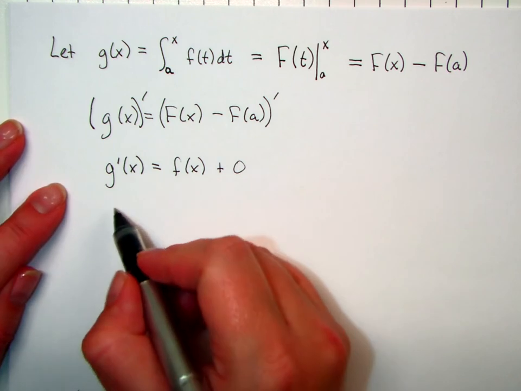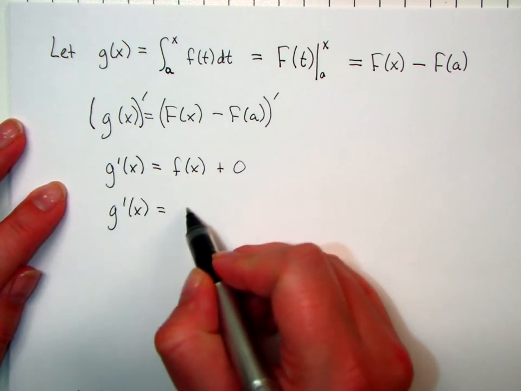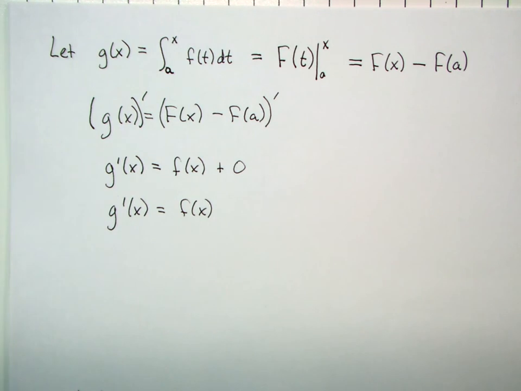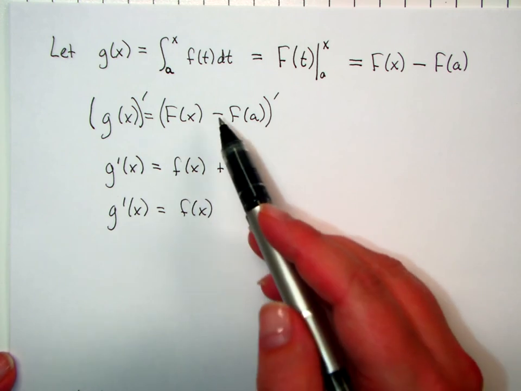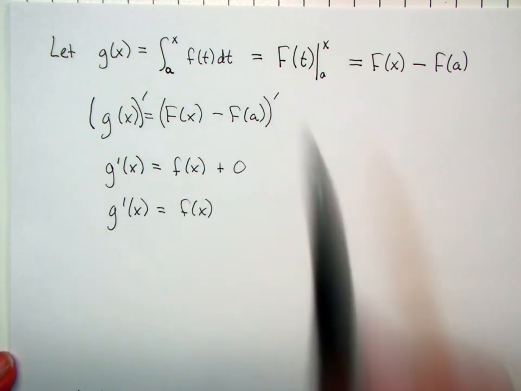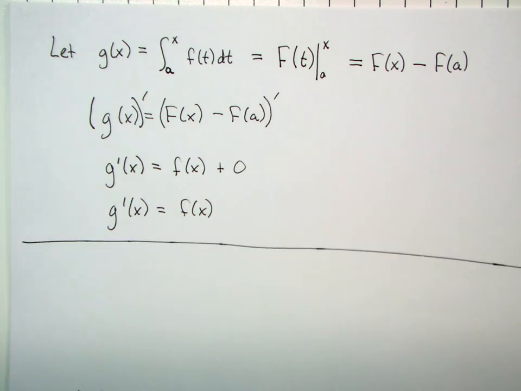So here I have what we were trying to prove, and that is that g prime of x equals the original function, little f of x. So not little f of t, but little f of x, because when we integrate, we're plugging the upper bound into the antiderivative. It is very theoretical.